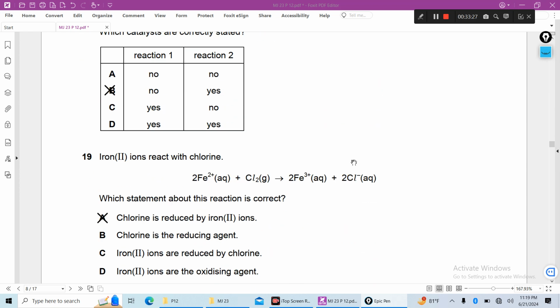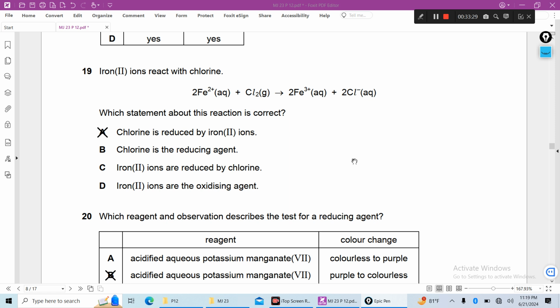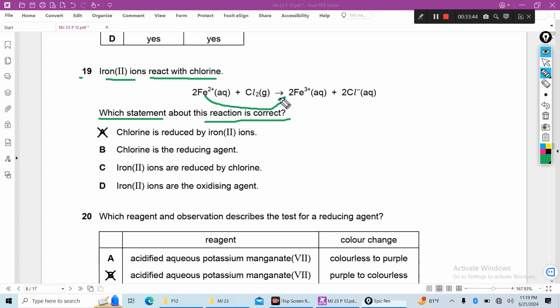Next, 19, iron 2 ions react with chlorine. Which statement about this reaction is correct? Here iron 2 is oxidized, chlorine is reduced.